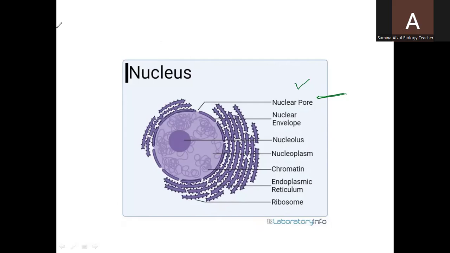From the nuclear membrane, the endoplasmic reticulum originates. On them, the ribosomes are also attached, due to which we say they are the rough endoplasmic reticulum. If the ribosomes are attached on them, then they are called rough endoplasmic reticulums. Otherwise, they are smooth endoplasmic reticulum.